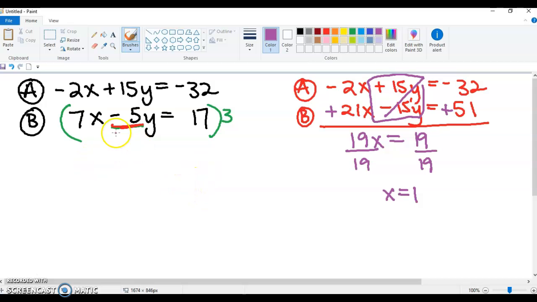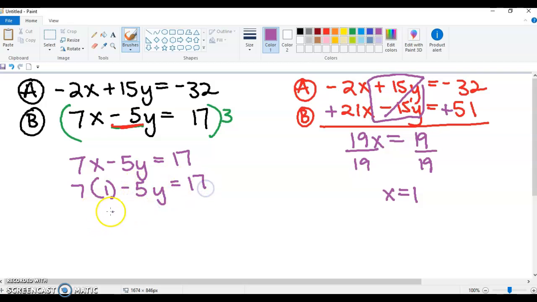Now all I've got to do is plug this into either one of the equations. I'm going to go ahead and plug it into B. So if I have 7x minus 5y equals 17. So 7 times 1 minus 5y equals 17. So 7 minus 5y equals 17. I'm going to subtract 7 from both sides.